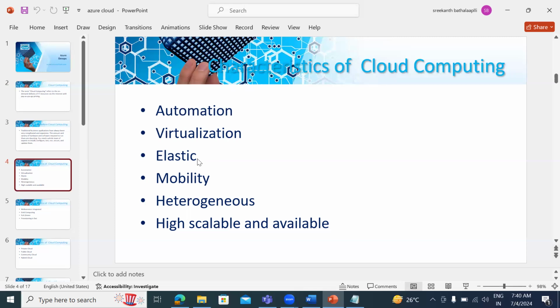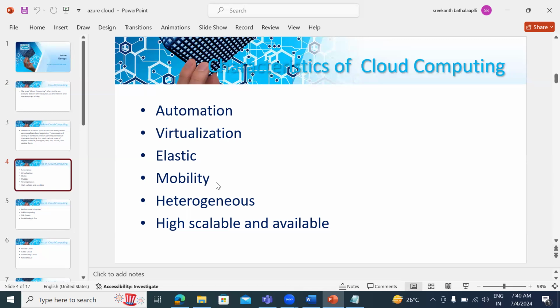Today if we don't have business, we want to reduce, that is also possible. So this kind of elastic capability is there with the cloud. Physically, I won't say it's impossible, but it's very, very expensive. If you want to scale up or scale down, the business needs to face a lot of loss.